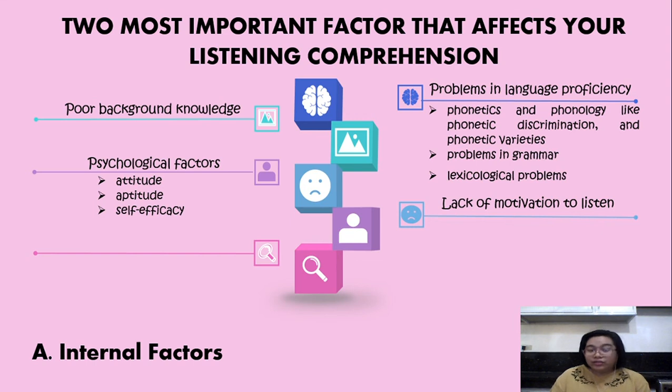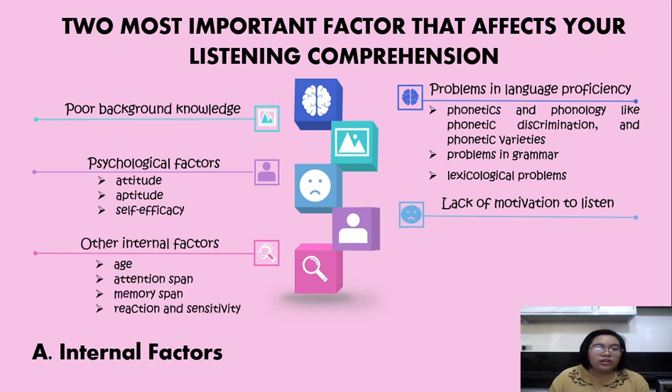So last, for the internal factors, are the other internal factors that can also be a hindrance for the students to have a better listening comprehension. First is the student's age. It says that younger learners tend to have difficulties in their listening comprehension because they can't concentrate. Next is the attention span.